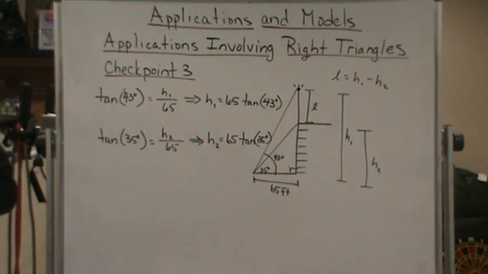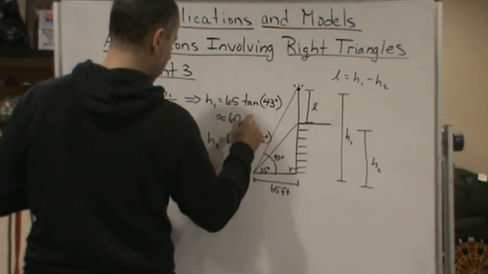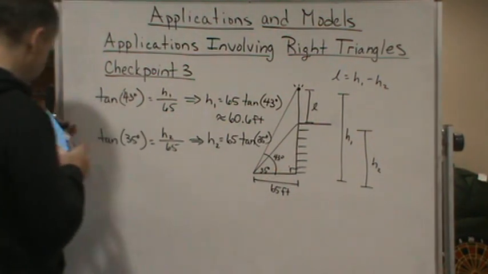And all we have to do is stick this in our calculator. Okay, and so we get, let's see, 65 times tangent of 43 degrees, and that's approximately 60.6 feet.